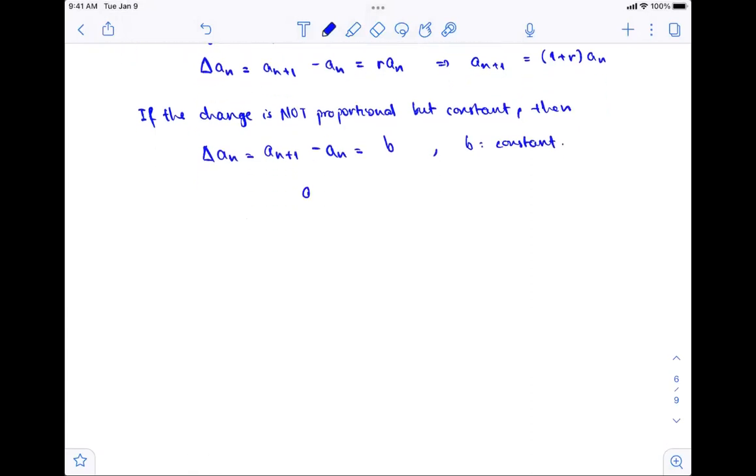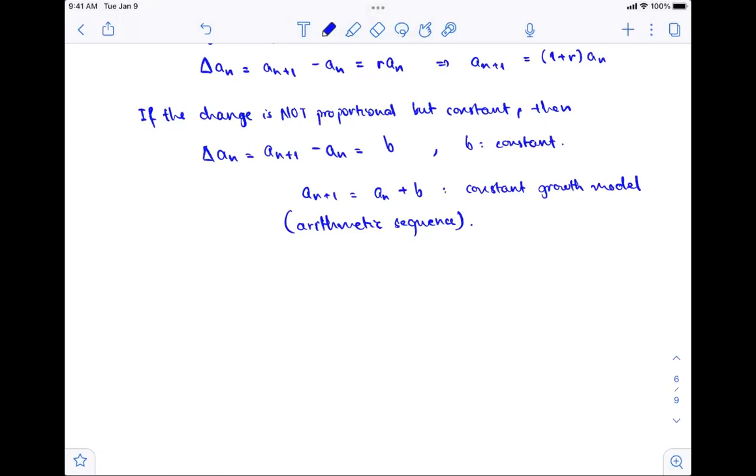Then you can solve for a sub n plus 1 as a sub n plus b. This is called the constant growth model. Another name for this particular sequence is the arithmetic sequence.